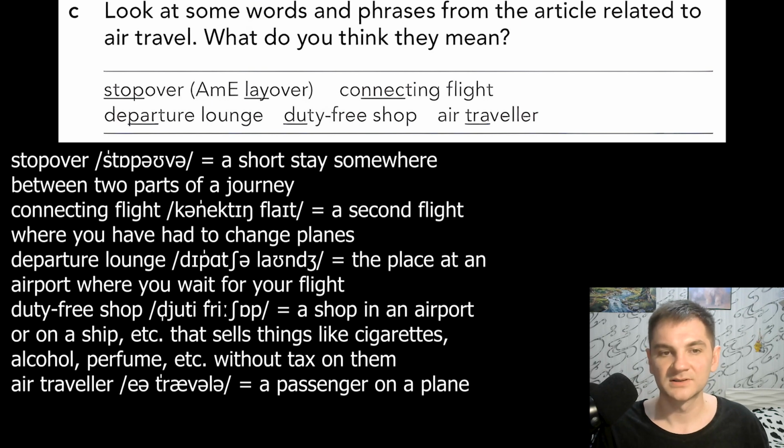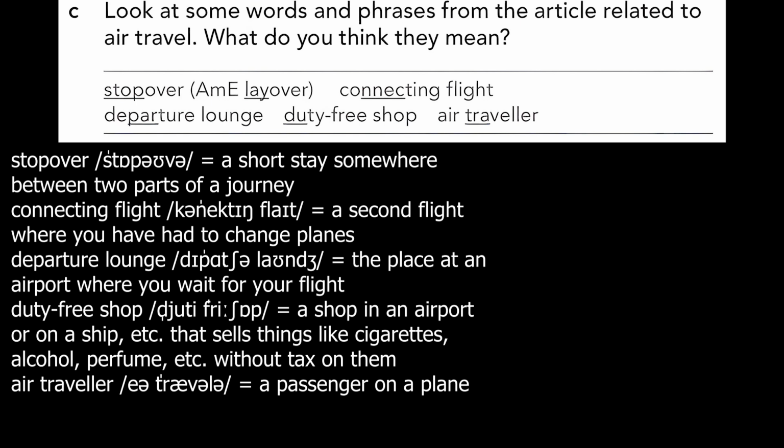Duty-free shop, it's a shop in an airport or on a ship, etc. that sells things like cigarettes, alcohol, perfume, etc. without tax on them, so it's usually a little bit cheaper than in usual shops. Air traveler, it's a passenger on a plane. Now look at this list again, and then we will move on.